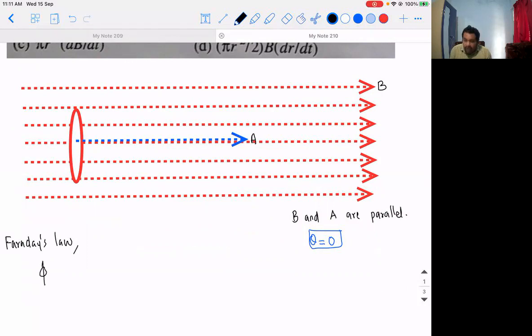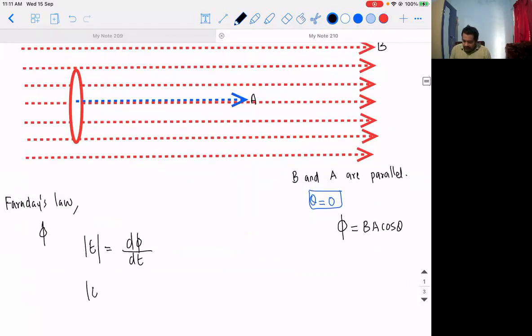If flux is phi, then the magnitude of the induced EMF is actually what? It is the rate of change of flux, that is d phi by dt. Since phi is equal to B A cos theta, induced EMF is d by dt of B A cos theta.